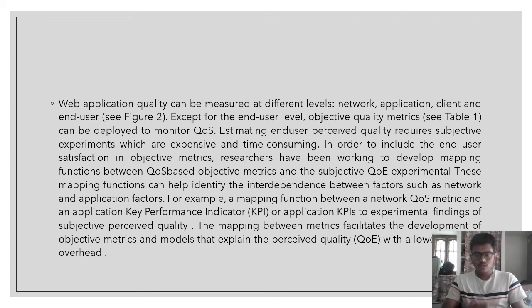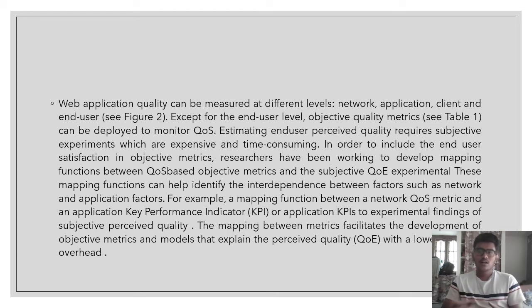In order to include the end user satisfaction in objective metrics, researchers have been working to develop mapping functions between the QoS based objective metrics and the subjective QoE experiments.